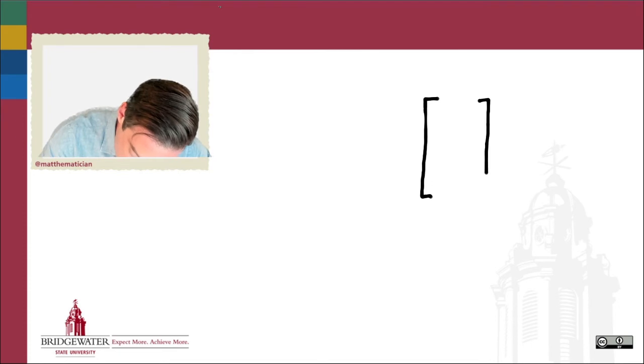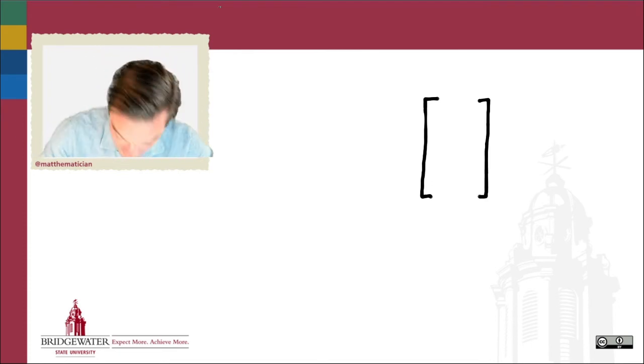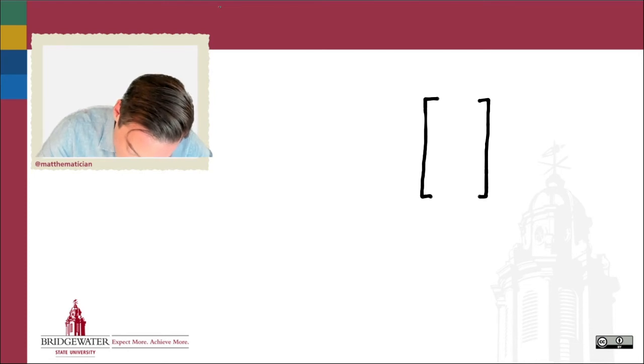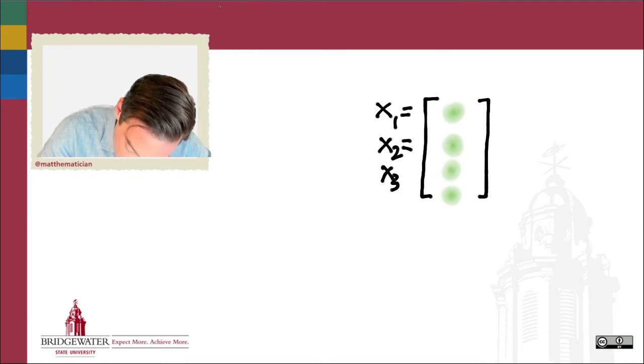And my solution set is going to be a bunch of vectors, 4-dimensional, 4-component vectors, right? And so what we're doing when we try to describe such a thing is we just want to specify what are the values of each of the 4 components. The first component is the component we would call x1. The second component is the one we would call x2. The third component we would call x3. And the fourth we would call x4.